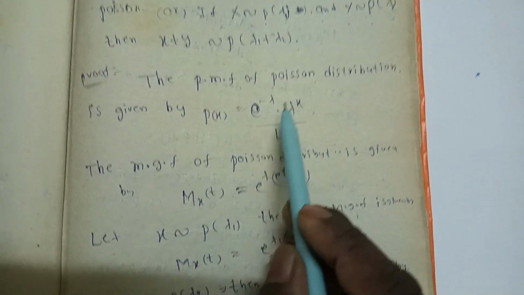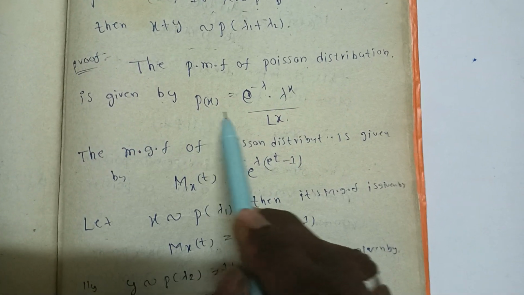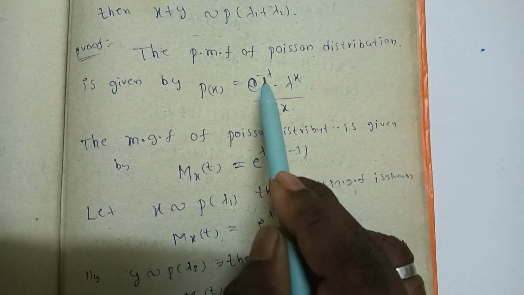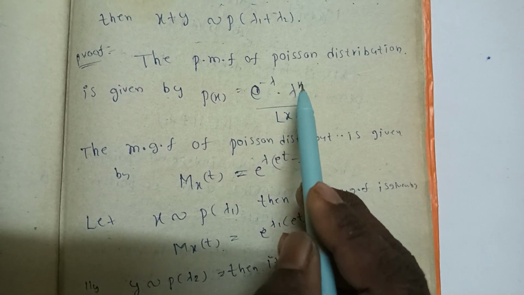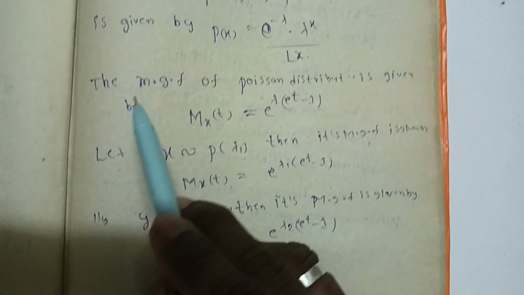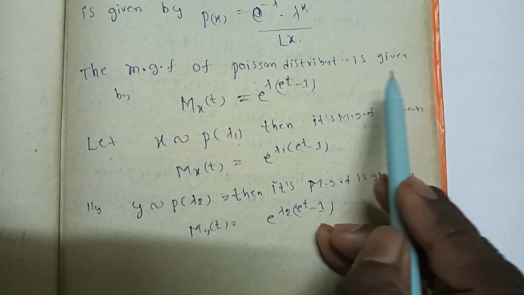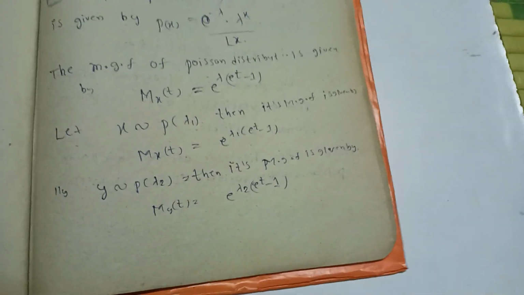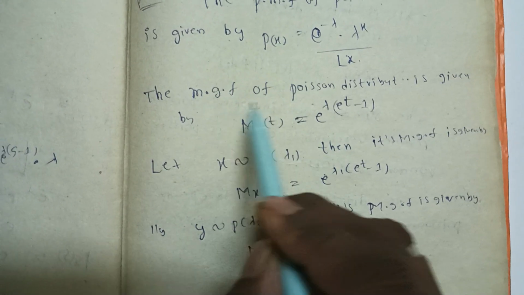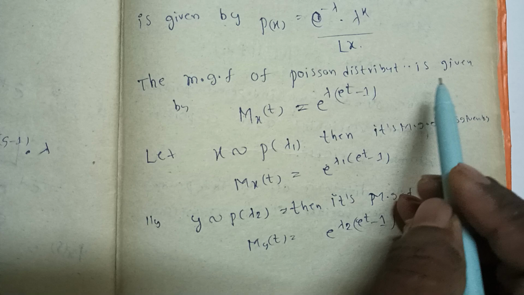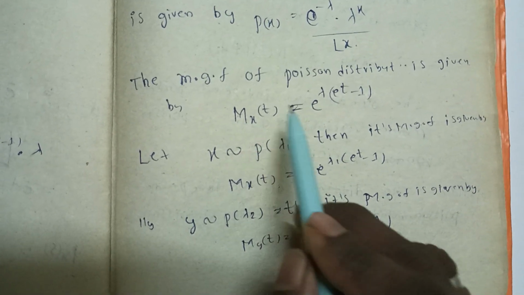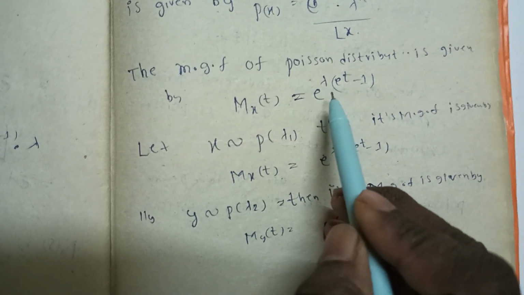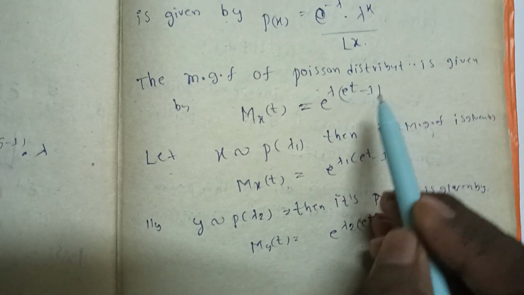The PMF of the Poisson distribution is given by P of x equals e to the power of minus lambda, lambda to the power of x divided by x factorial. The MGF of the Poisson distribution is given by mx of t equals e to the power of lambda into e to the power of t minus 1.